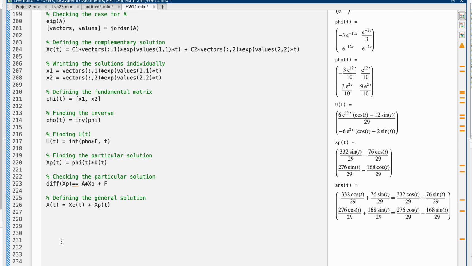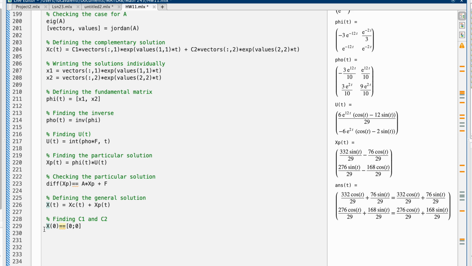And now what we want to do is find C1 and C2 with the initial condition, which is x of 0 is equal to 0, 0. So we take x of 0 here and we say that it's got to be equal to the vector 0, 0.